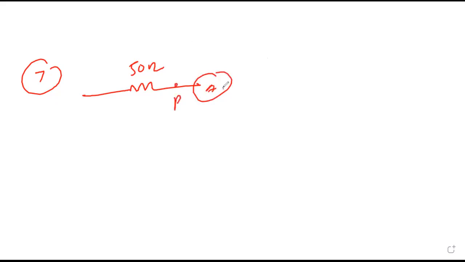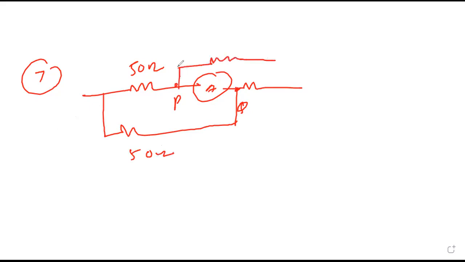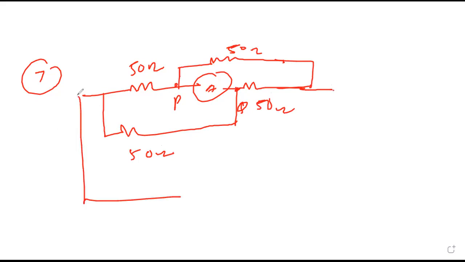This is point P, point Q. These are two resistors here, 50 ohm, 50 ohms, 50 ohms, connected across 10 volts. The ammeter A will read how much current?